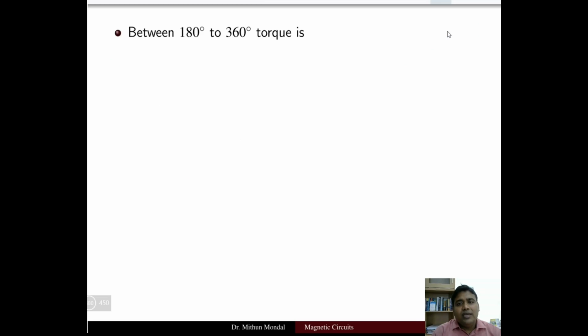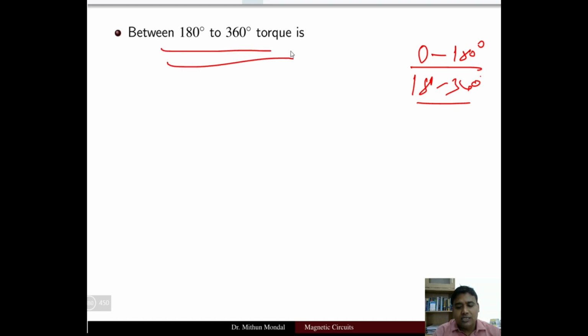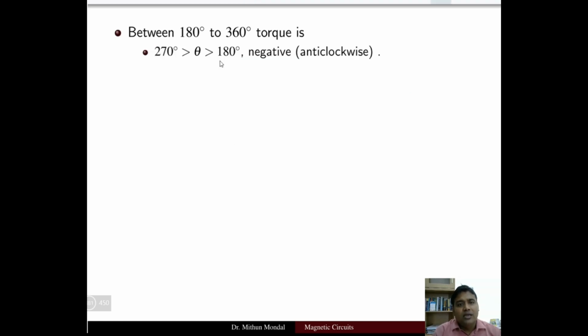Now we have seen an angle from 0 to 180 degrees. The same phenomena will occur in the other half cycle, 180 to 360 degrees. When theta is more than 180 but less than 270, the same phenomenon occurs: a negative, anticlockwise torque is produced. At 270 the torque will be 0 and this is the unstable position.